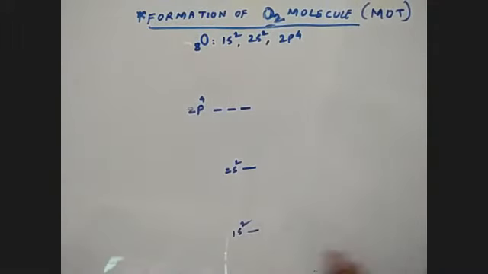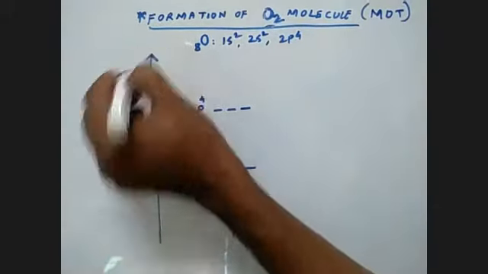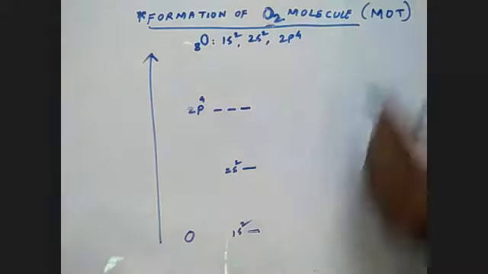Now similarly, opposite to this is the energy level. Energy is going to increase if you go up like this. This is the electronic configuration of one oxygen atom. Opposite to this, at the same energy level, we have to draw the energy levels of another oxygen atom.